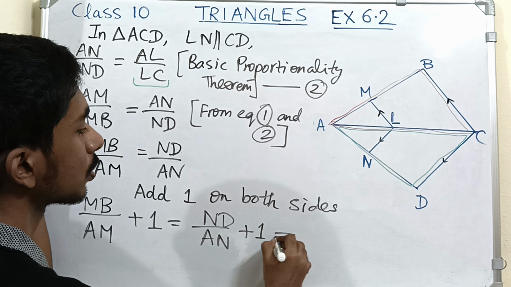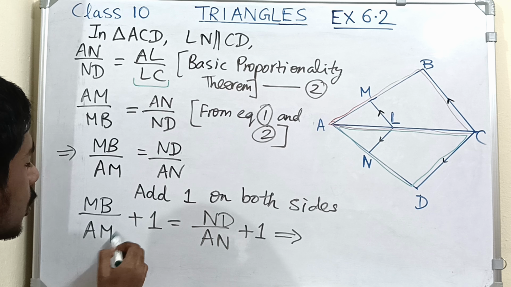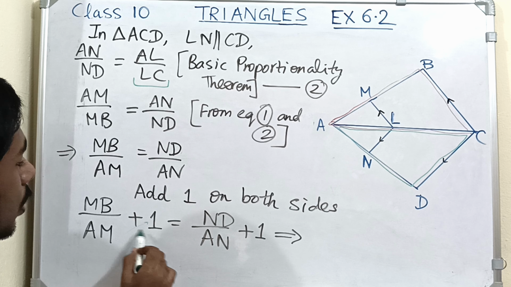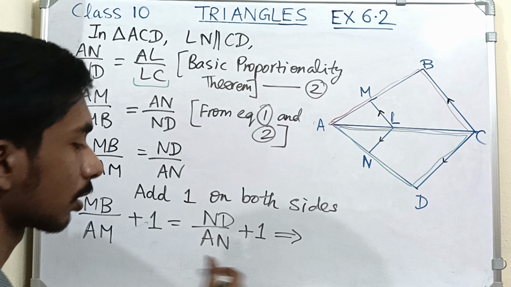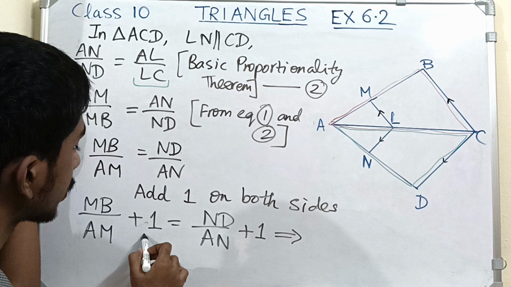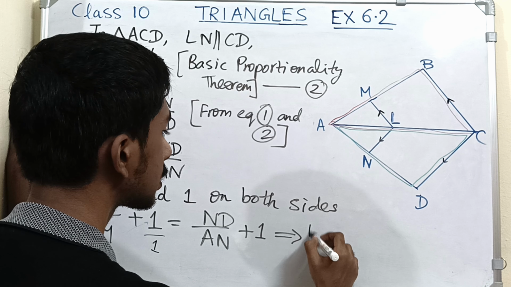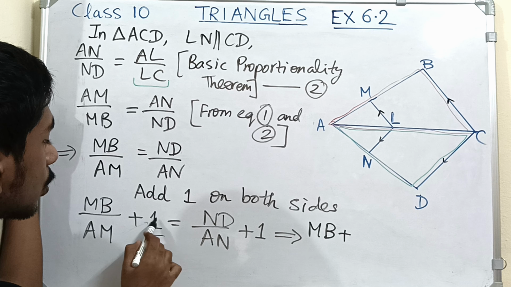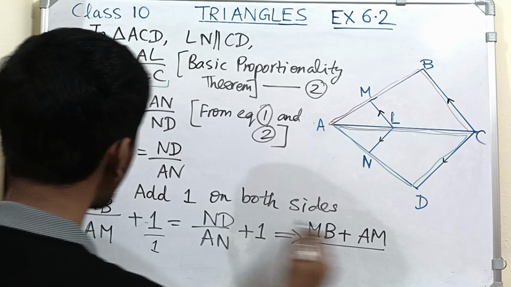So this implies, now we have to cross multiply. AM is in denominator, so we have to do cross multiply. So here there is 1 in the denominator, so MB into 1 is MB plus AM into 1, AM whole divided by denominator.